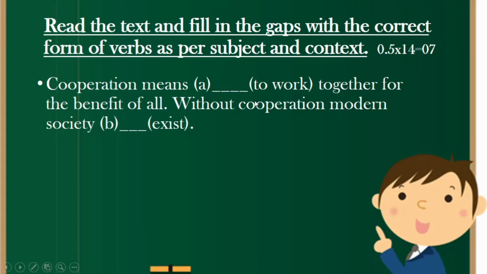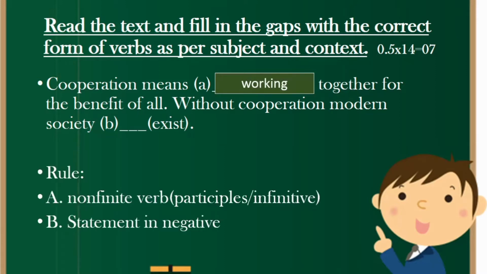As I told you earlier, non-finite verbs are infinitives and participles. That's why we have to use a participle or infinitive form here. In this context, a participle form is the best choice. So the answer is: cooperation means working together for the benefit of all. The rule is given here also: non-finite verb, participles or infinitives.